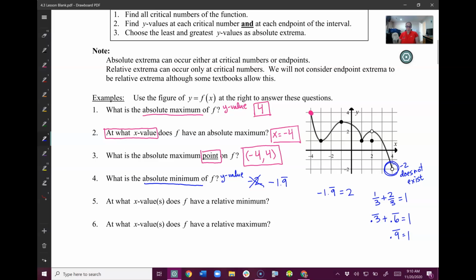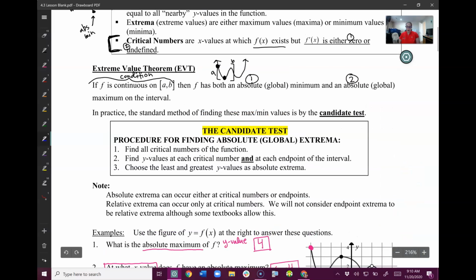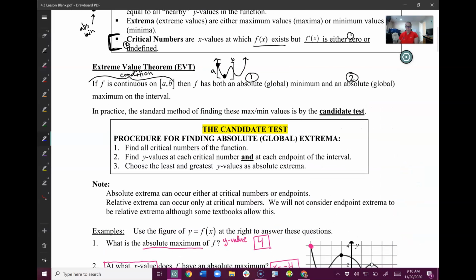So -1.9 repeating is -2. It equals -2, so that is not our minimum. So this problem does not have an absolute minimum. And that follows our extreme value theorem.